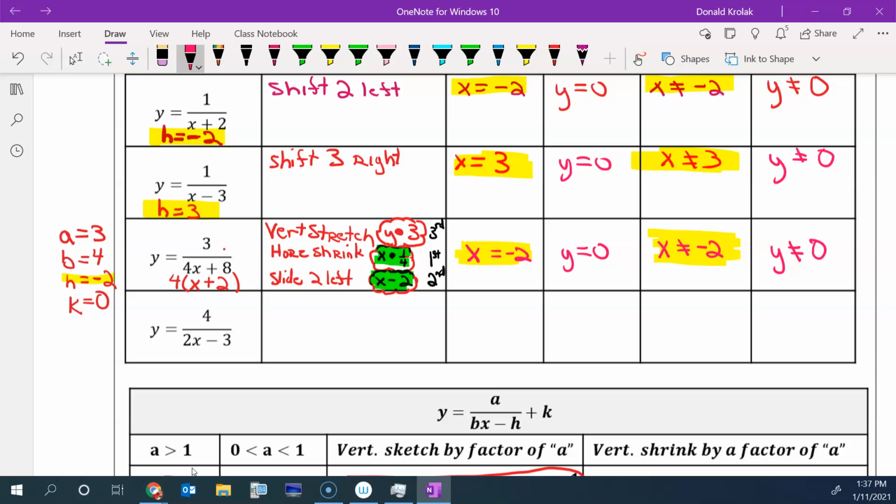And this one's just the exact same thing. Here we've got an A of 4, a B of 2, an H of -3/2, and a K of 0.